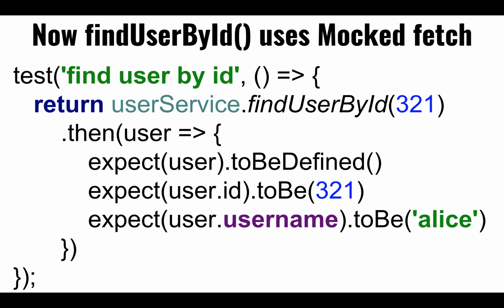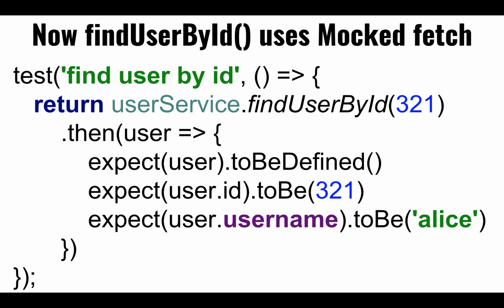We can use the user service here and do a find user by ID, and verify that when it comes back, instead of generating a fetch and an HTTP get out to the server, it comes back with a JSON object. There are no HTTP calls out to the server.